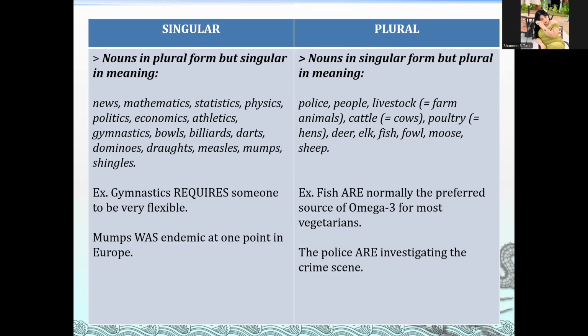Okay. Let me ask you a question. The police are investigating the crime scene. That's the subject that I use, the police. How about if I change it to the police officers? Wala kang sumagot, pag-isipan niyo muna.